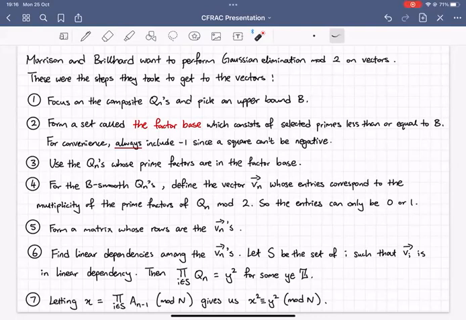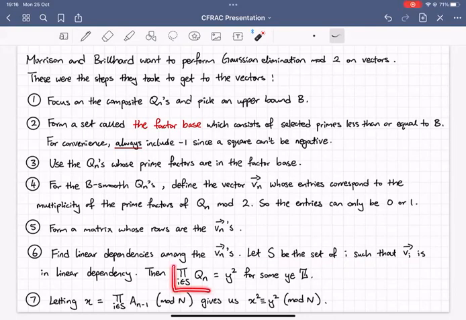Just some linear algebra work here. Let S be the set of i such that Vi is in a linear dependency. So if V1, V2, V3 are linearly dependent, then S is just the set {1, 2, 3}. It's just the indices of the vectors.